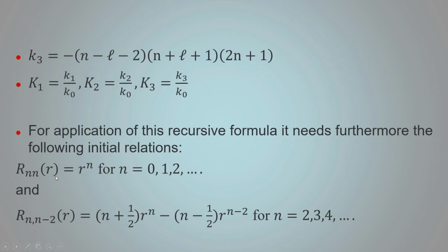So for the application of this recurrence formula, you need the following initial conditions. The radial polynomial Rnn of r is equal to r to the power n, and the radial polynomial Rn,n-2 of r is equal to c.